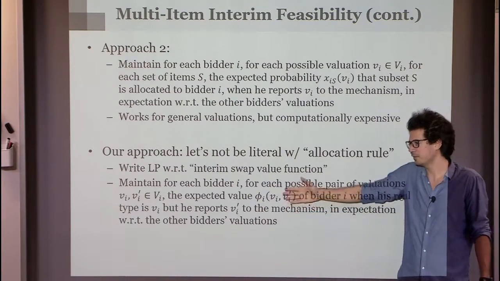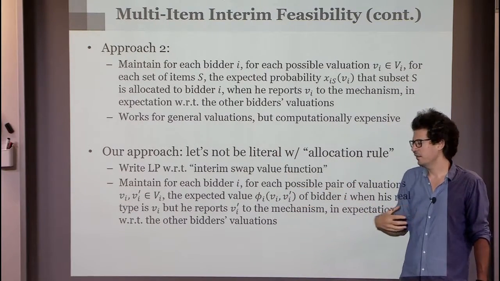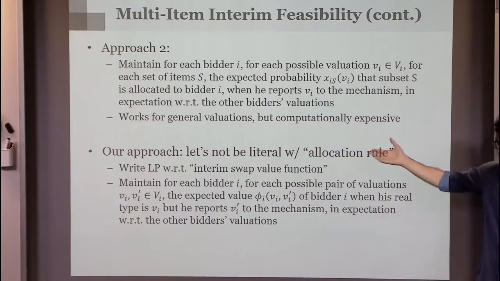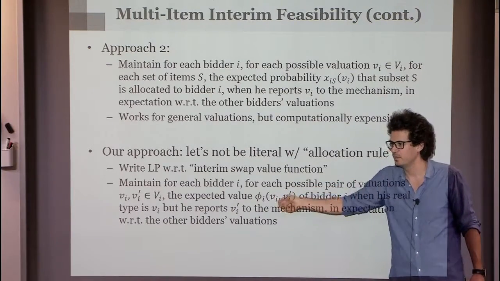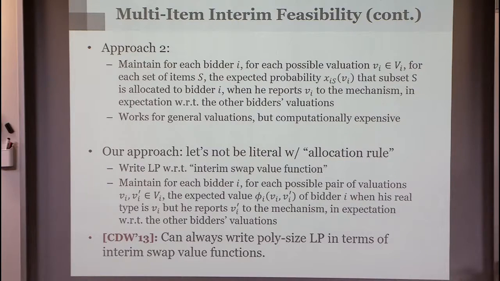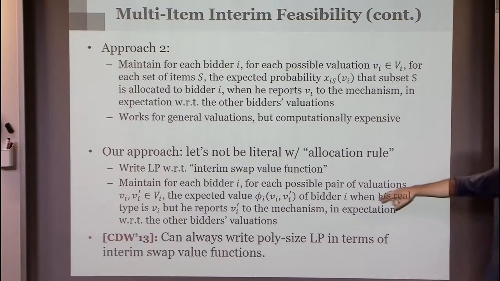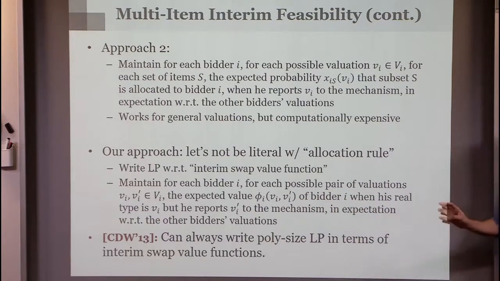This is just an arbitrary definition that has nothing to do with an allocation; the allocation is maybe very implicitly hidden behind this. But what we show is that you can write a polynomial size LP in terms of these, and you can solve it to get a mechanism.